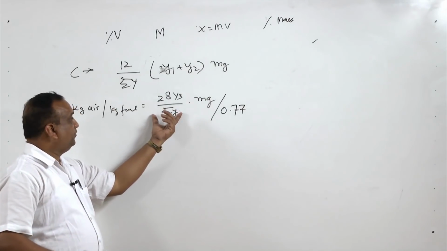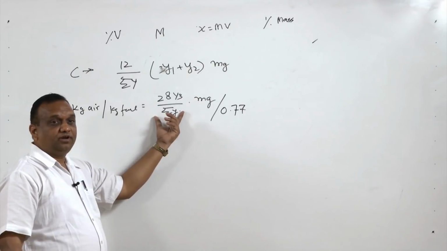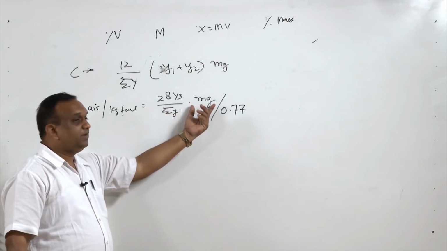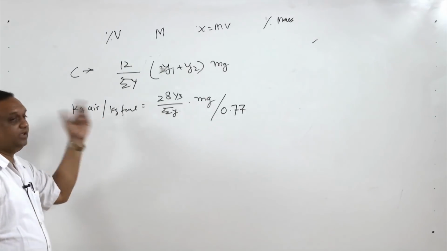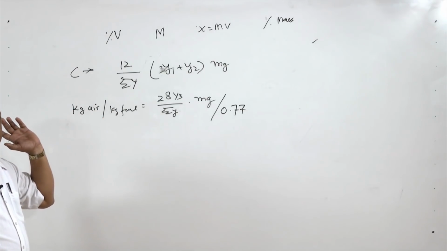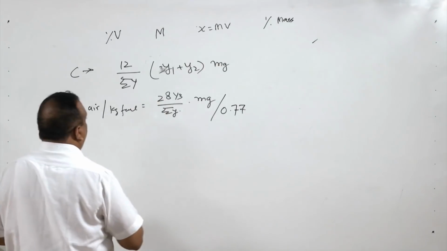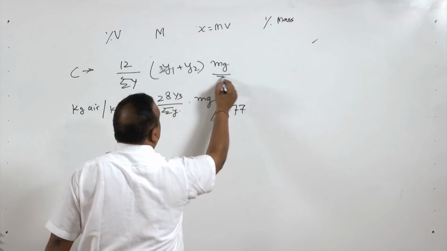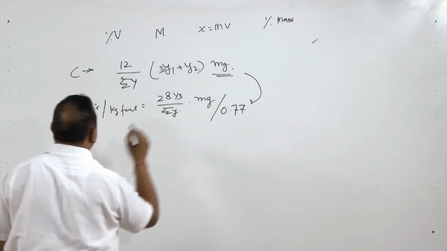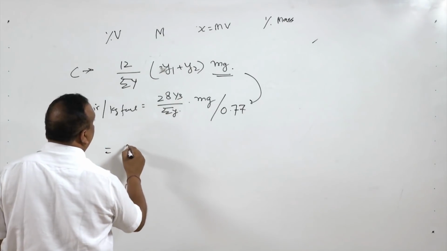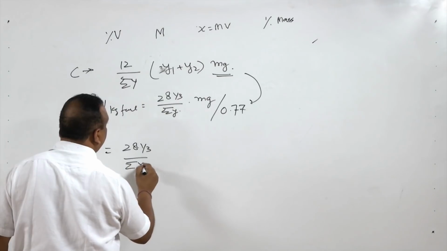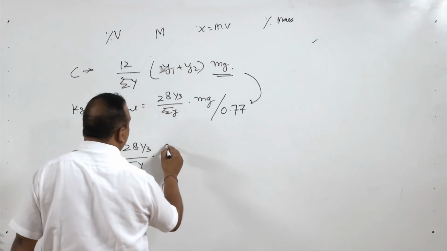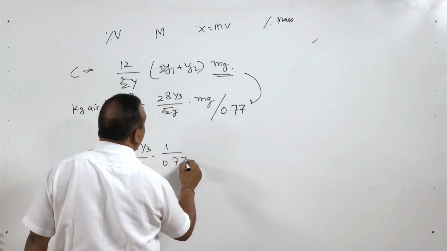This is the mass fraction of nitrogen per kg of flue gases, multiplied by the mass of the flue gases, divided by 0.77, and we will get kg of air per kg of fuel, right? Now from here, the value of mg can be manipulated from this equation to this equation. That will give 28 y3 divided by sigma y, multiplied by 1 by 0.77.